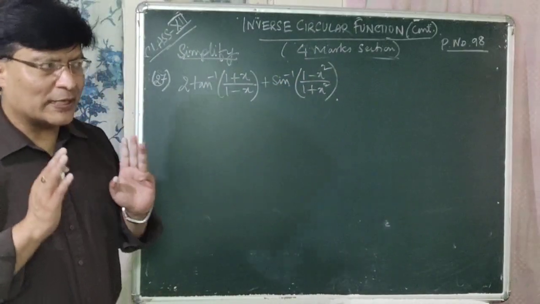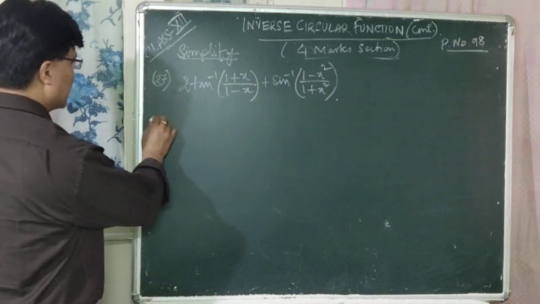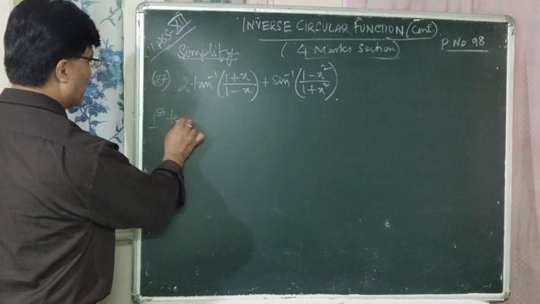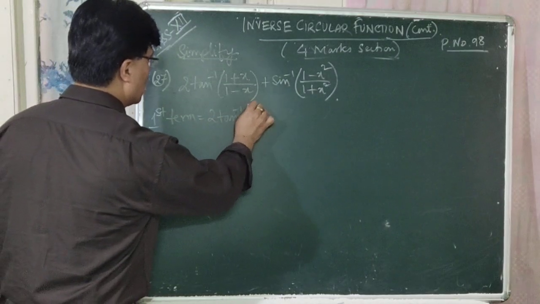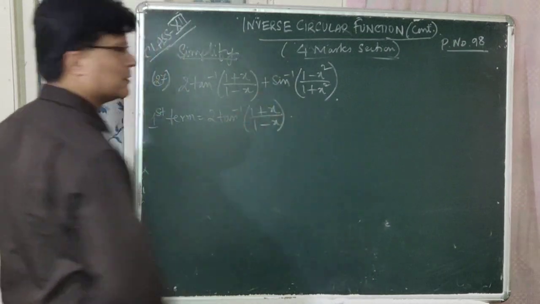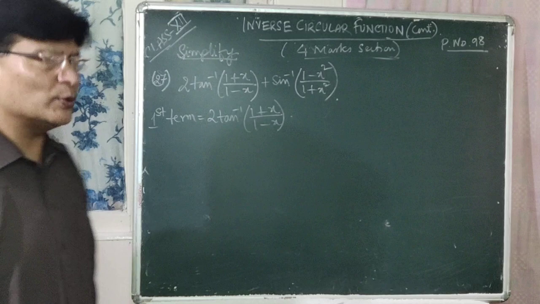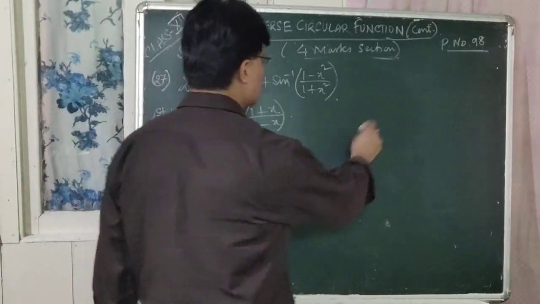Okay. So let us first simplify only the first term. So the first term is equal to 2 tan inverse within bracket 1 plus x upon 1 minus x, right? In this case, which formula is used? Okay, so let us use this formula now.